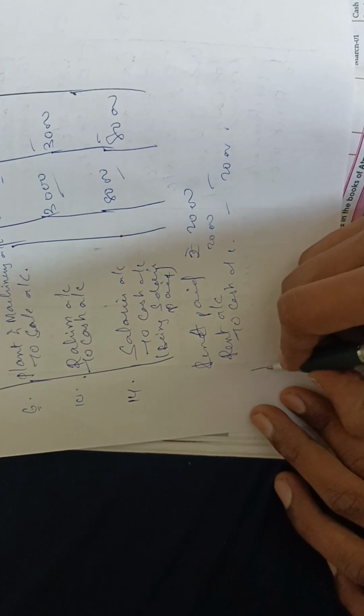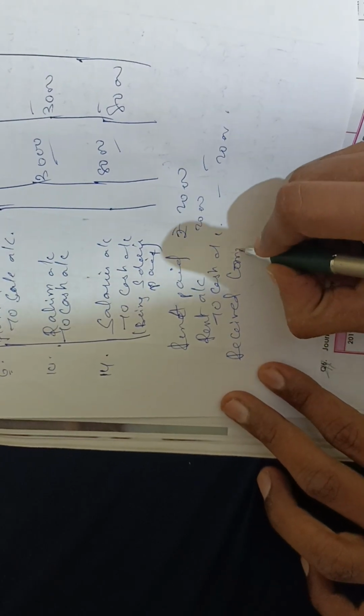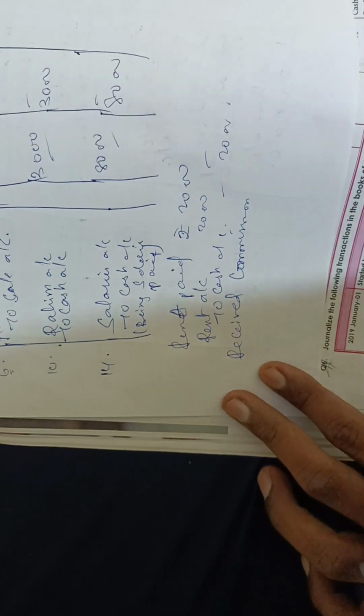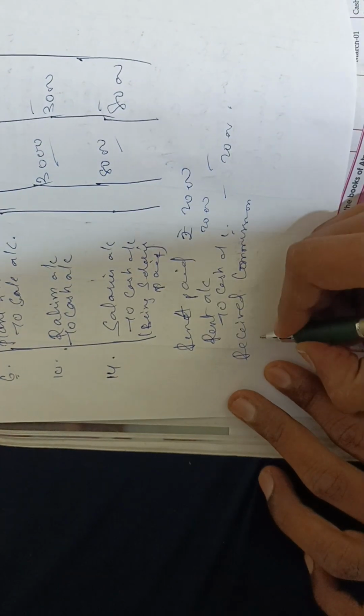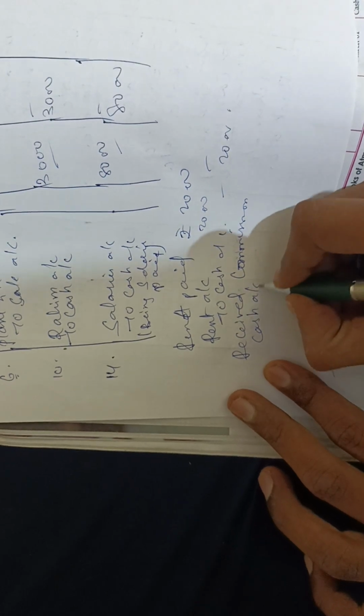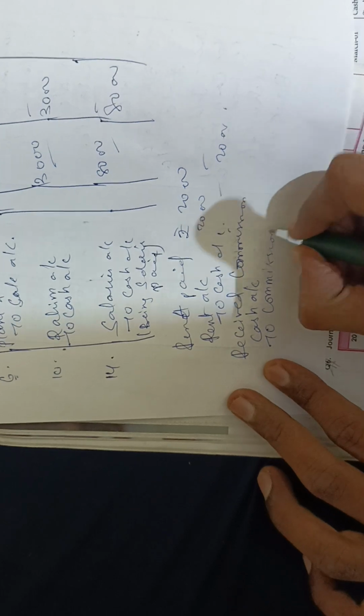Now suppose commission received. Receiving commission means you are getting cash in the form of commission, so the entry will be cash account to commission account. Like this, you can follow more problems in journal entries.